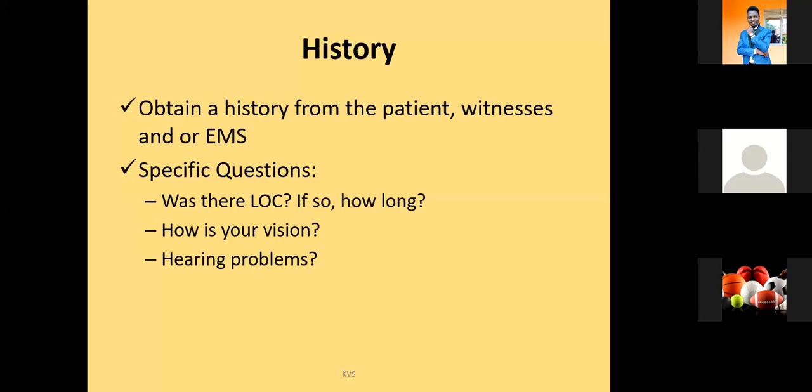Are they able to see very well, or somehow are they able to hear? Or is there loss of hearing? So these are already going to give you some insight of what is happening to your patient.